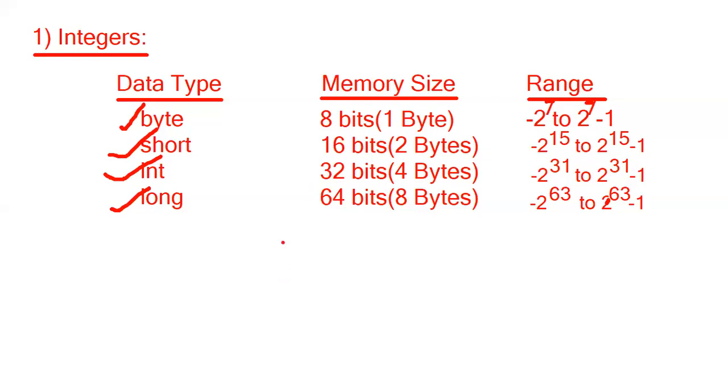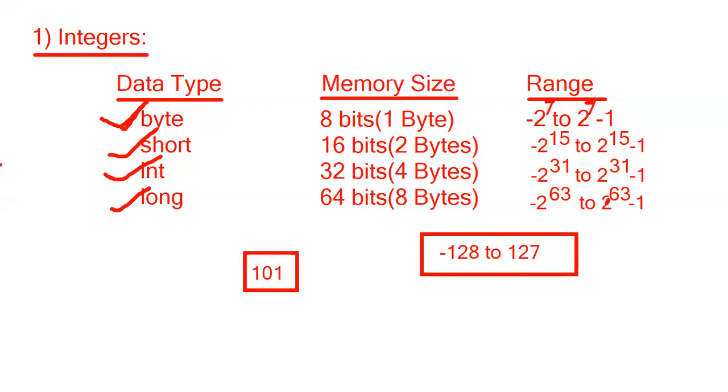Suppose employee number 101. Then use byte, because minus 2 to the power of 7 to 2 to the power of 7 minus 1 is nothing but minus 128 to plus 127. So if your number is within this range, use byte.